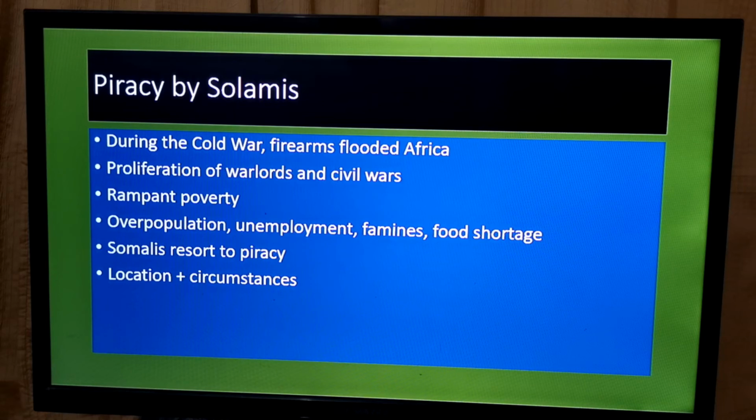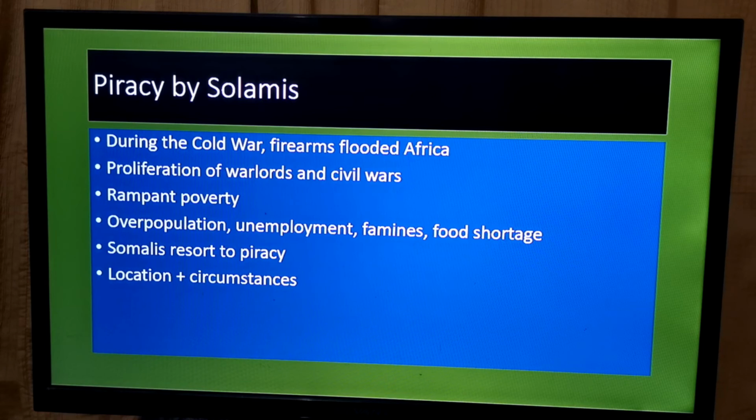Your cargo is so precious, and the people who are running the ship are also your people. So you have to pay for the freedom of your people. And so that's a bad kind of business. That's piracy. And many Somalis find that profitable.